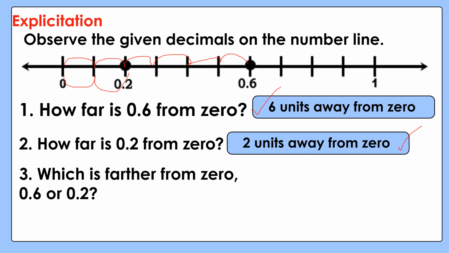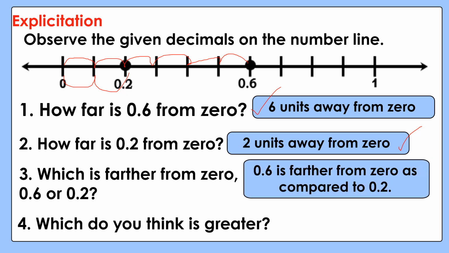Which is farther from 0, 0.6 or 0.2? The answer is 0.6 is farther from 0 as compared to 0.2. Number 4. Which do you think is greater? 0.6 is greater than 0.2.